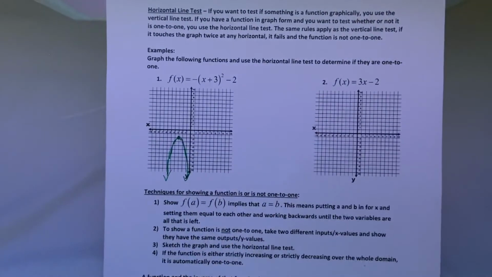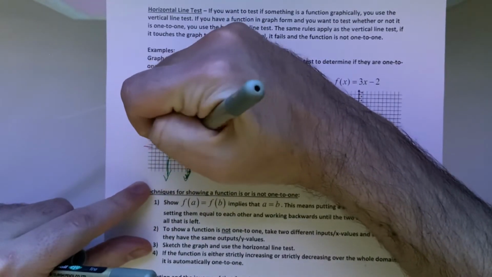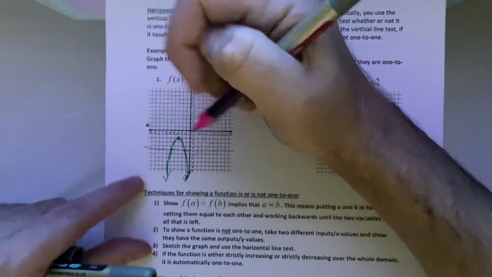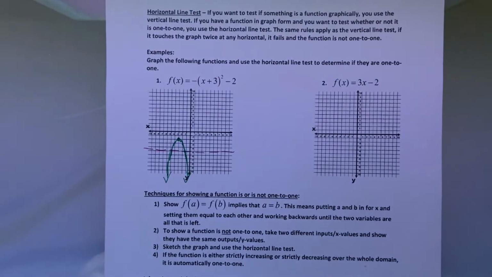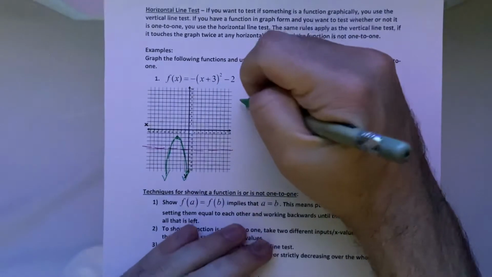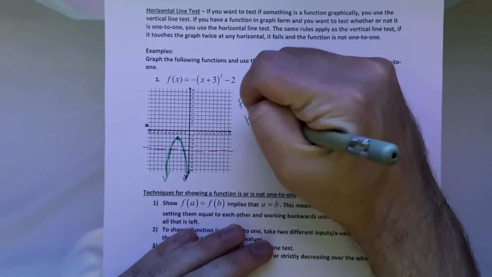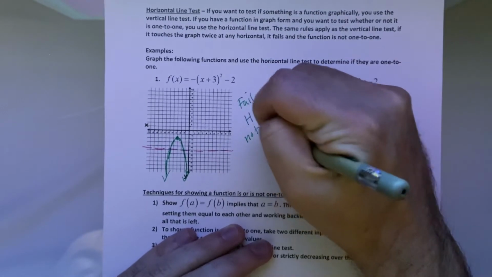Now if I wanted to do the horizontal line test here, if I draw a horizontal line anywhere, I hit the function twice. What do you notice? If I draw a horizontal line, for example, there, it fails the horizontal line test, so it's not one-to-one.